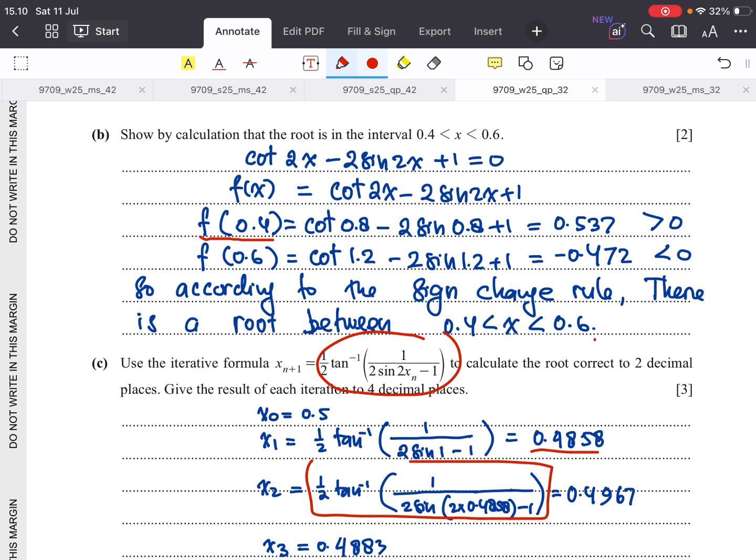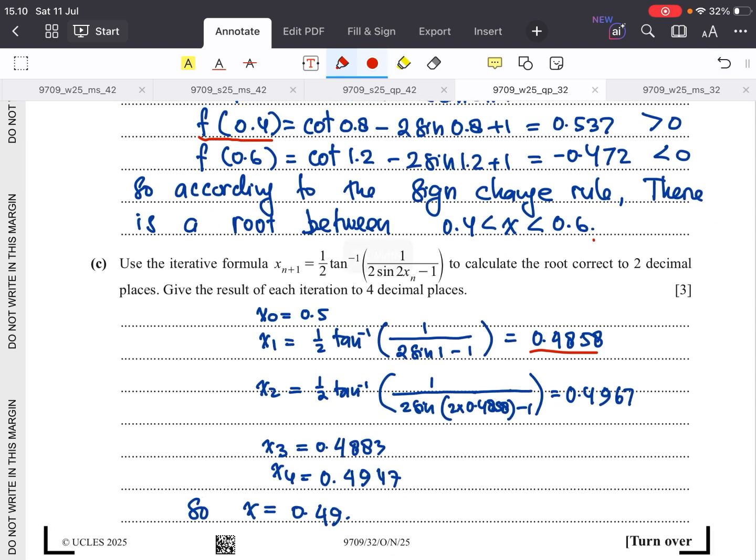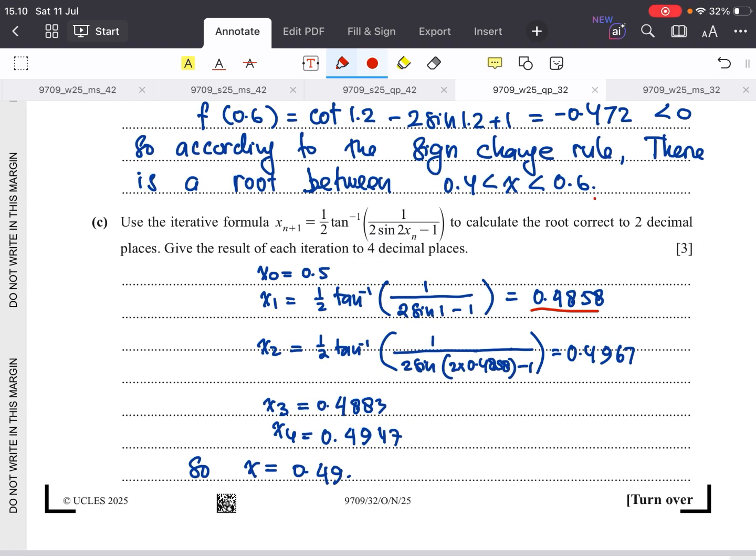It will be like this. And then I got this value, 0.4967. I repeat this process again, and then I get x3 and then x4 and so on.